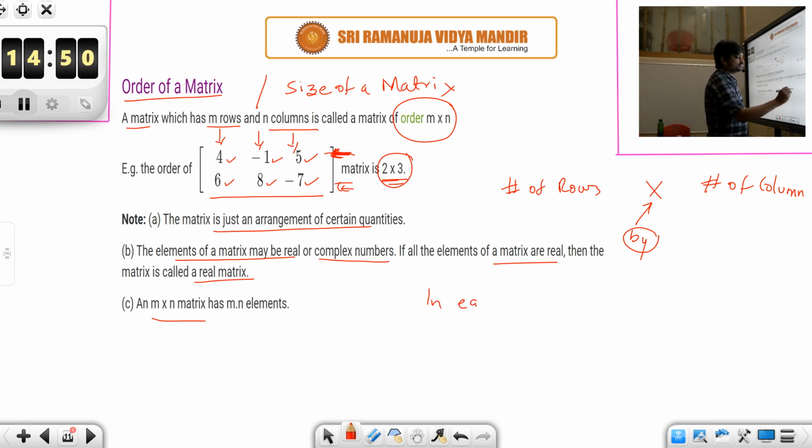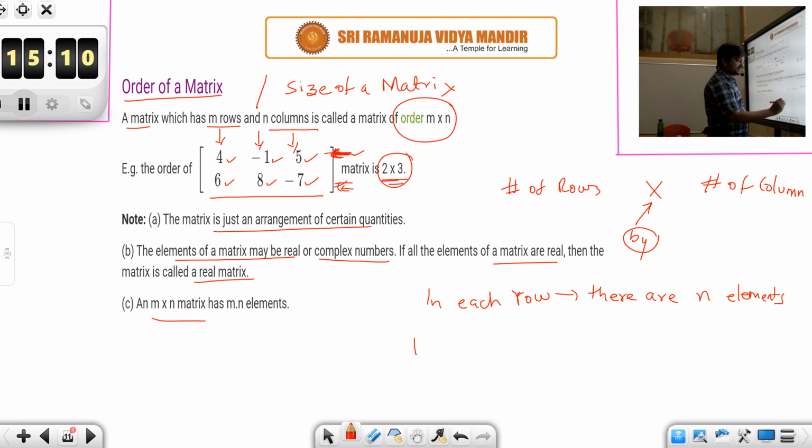So in each row there are n elements. Observe this carefully. Now, in total, how many rows are there? 1, 2. Here in this example, 2 rows are there.